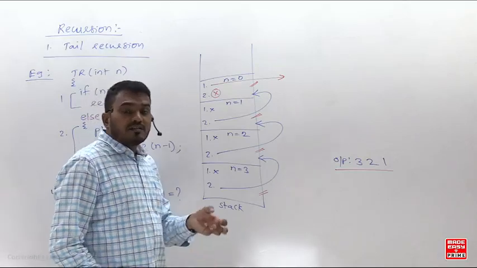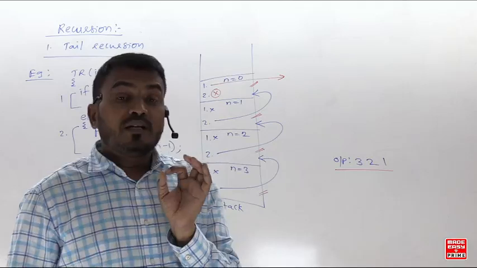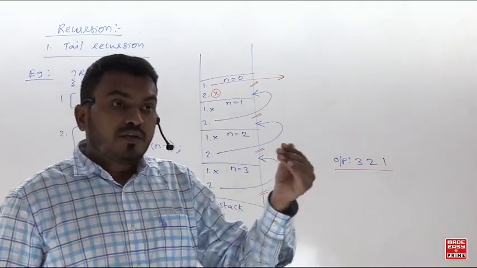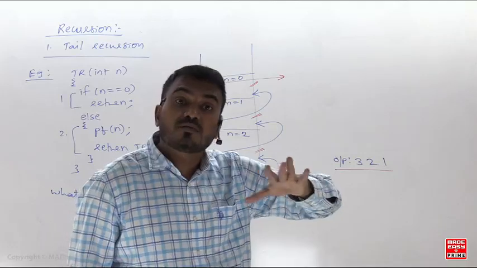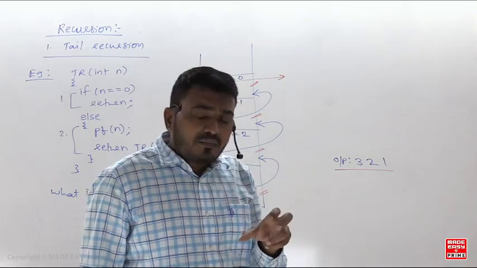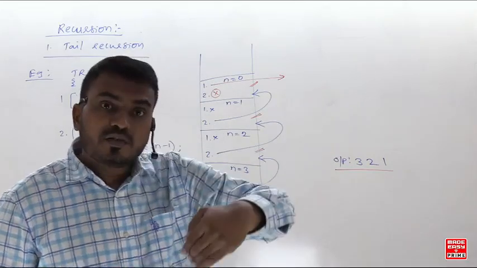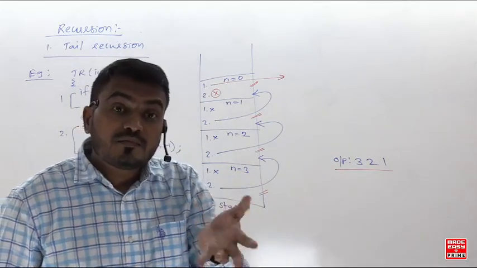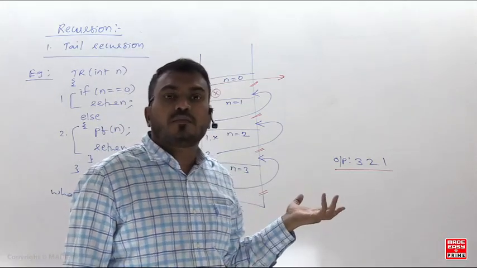Now remember, the main purpose of recursion is that when you come back to the previous activation record, there should be some work to perform. There is no work to perform here, right?